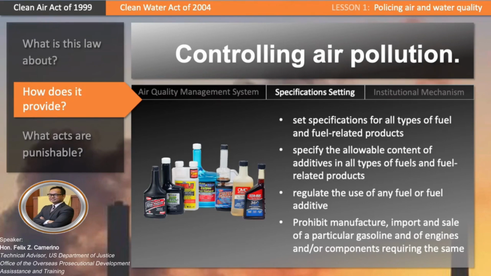So the prohibition is on the manufacture, import, and sale of leaded gasoline. Just the same, the prohibition against manufacture, importation, and sale of engines and or components that actually require leaded gasoline. So that's where the prohibition is. Okay. Now there's a couple of important reminders that come out of this discussion on leaded gasoline.